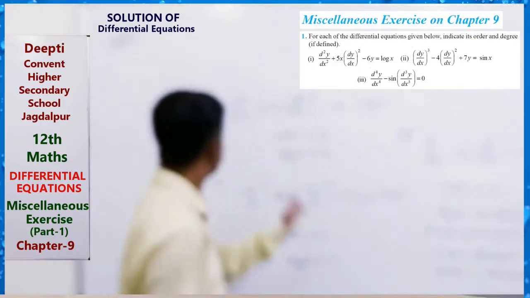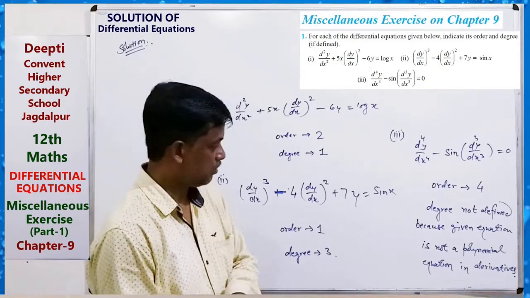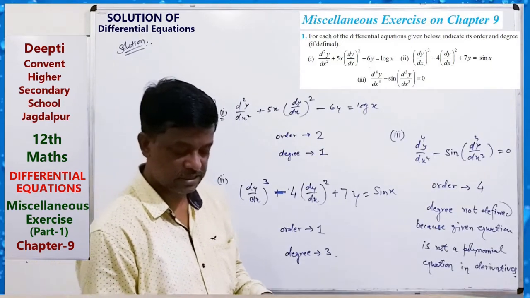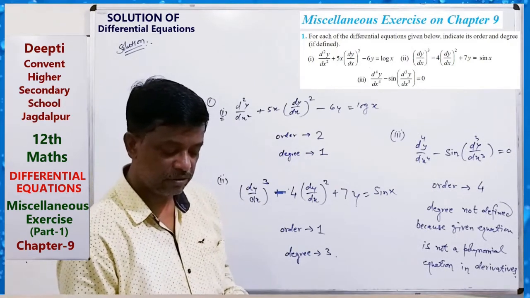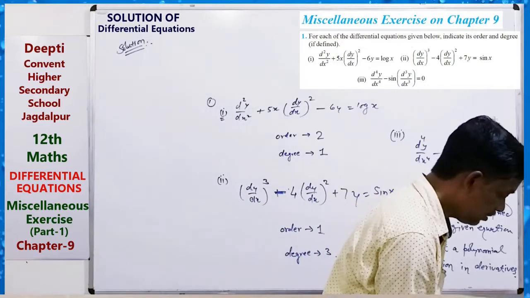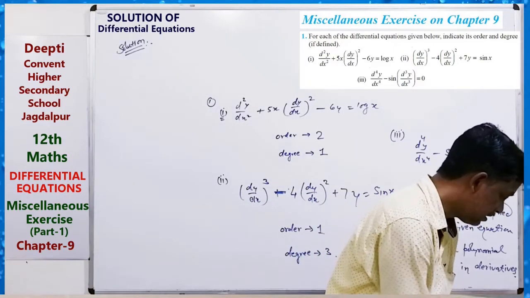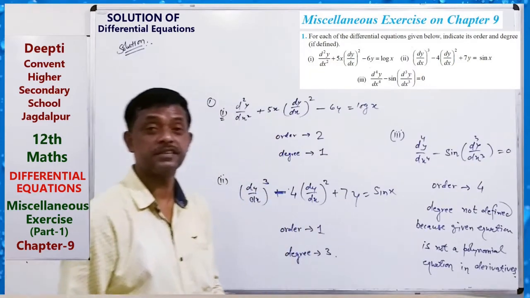So these are the solutions of the first question, which has very short parts: order 2, degree 1; order 1, degree 3; order 4, degree not defined. Now take the second question of this miscellaneous exercise.